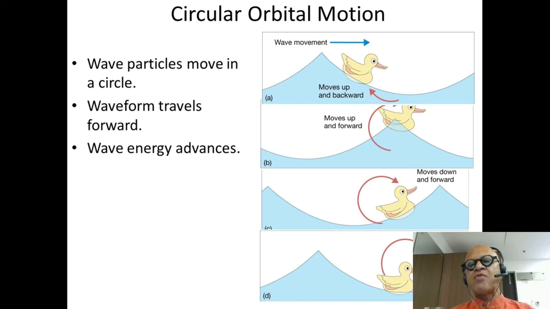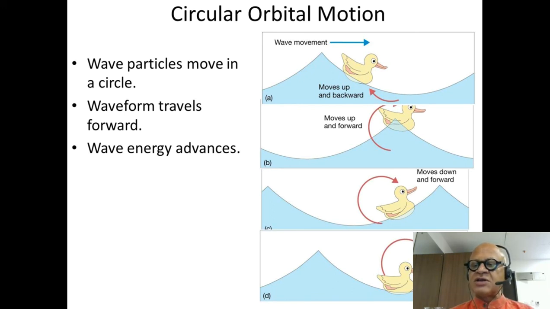See, up and backward here, but as the waveform is moving, it's now going to move up and forward with the wave, right? And as the crest passes, it's going to be moving down and forward. So it's still moving forward, but it's going down this back part of the wave.